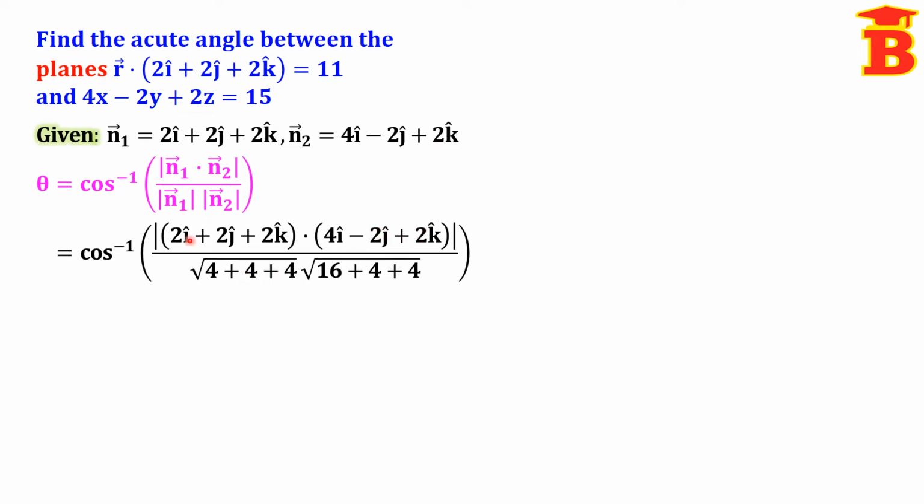The modulus of the first vector is root of 2 square 4 plus 2 square 4 plus 2 square 4, into the modulus of the second vector, root of 4 square 16 plus minus 2 square 4 plus 2 square 4.